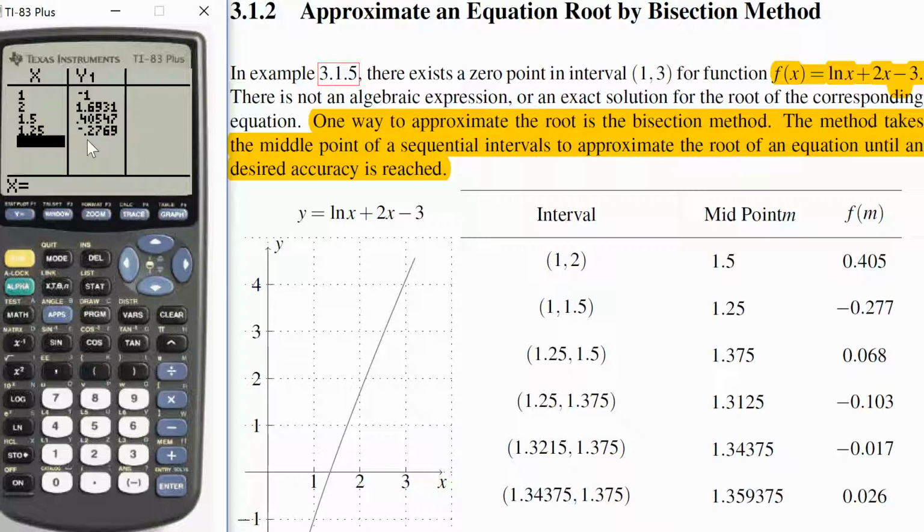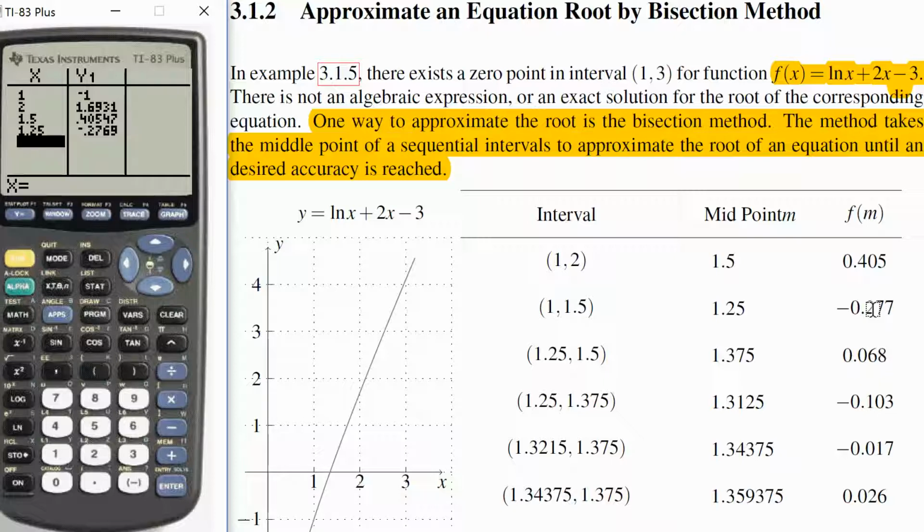You have negative 0.2763. That's negative 0.277, because this 9 is greater than 5, you round it up. So you get negative 0.277 for that.